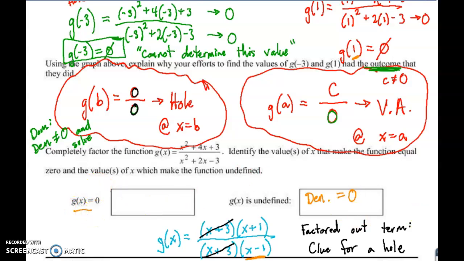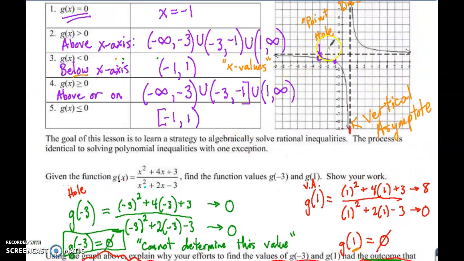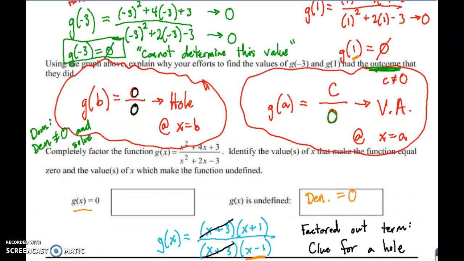We didn't even really mention that yet as analyzing this function, but let's go back up here. We had an x-intercept at x equals -1. Well, where is that located in my factored terms? It is the numerator set equal to 0 of the non-canceling term.